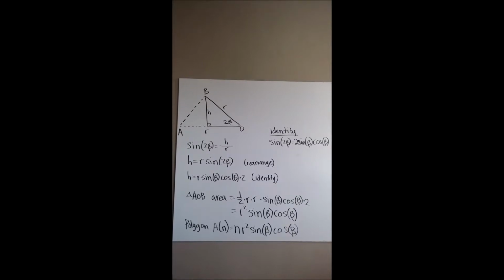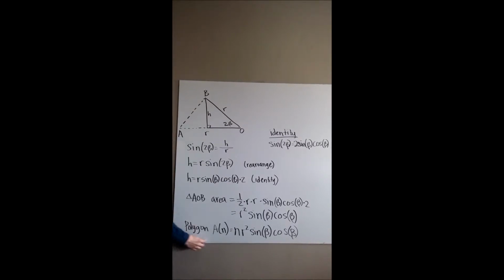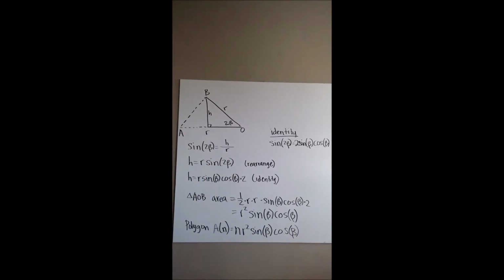So now that we know the height, we can get the area of the triangle AOB, which is going to be equal to 1/2 r, the base, times r sine beta cosine beta times 2, which is the height. So simplifying that, we are going to get r squared sine beta cosine beta. So that is going to represent the area of the triangle AOB. So now that we have the area of that triangle, we can get the area of the polygons with n sides. So it's going to be n sides times r squared sine beta cosine beta.